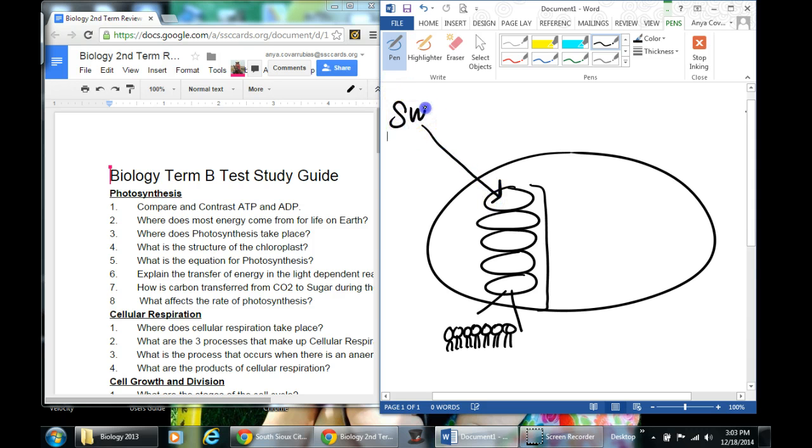The sunlight goes in, water goes in. This is why we have to water our plants, right? We have H2O and sunlight coming in here, and during the light-dependent reaction, which we're going to talk a little bit more about, oxygen is produced, O2.